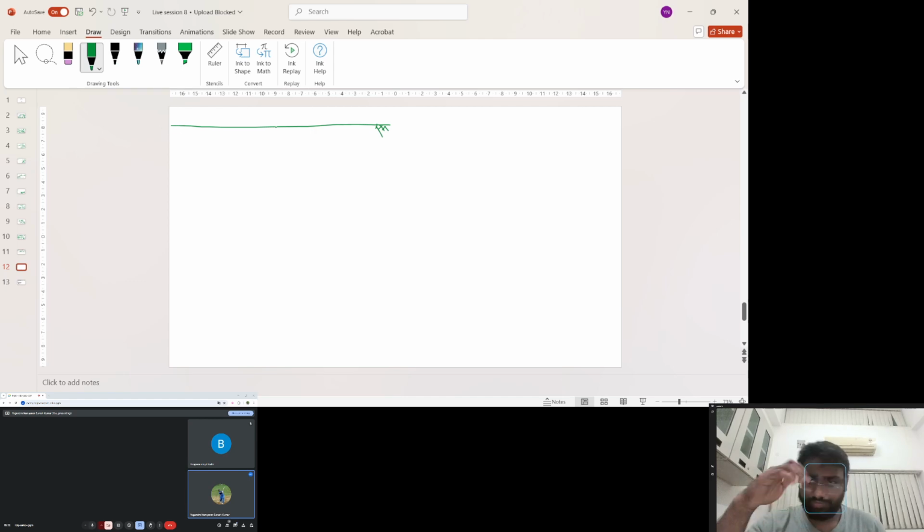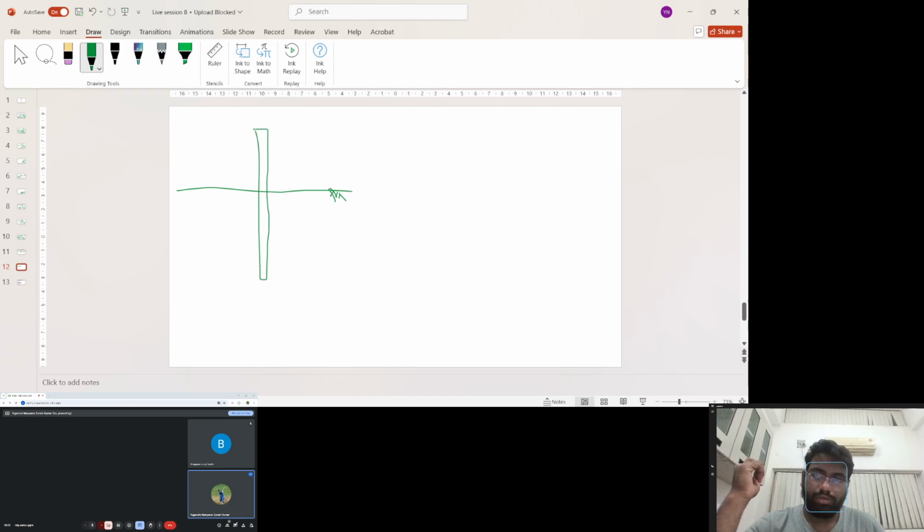Now we have a sheet pile inserted into the soil. The depth of water upstream is 3 meters and downstream depth of water is 1 meter above the ground surface.